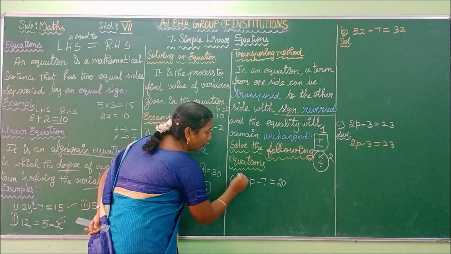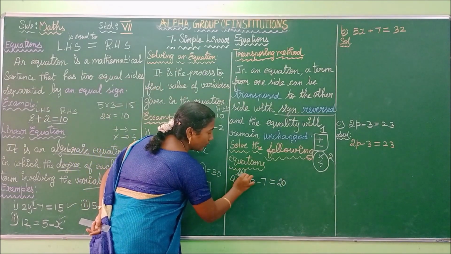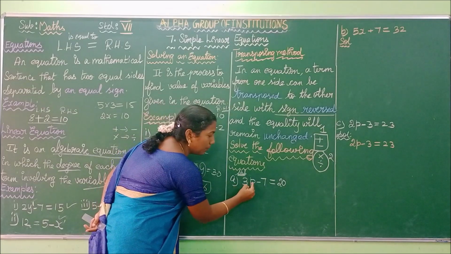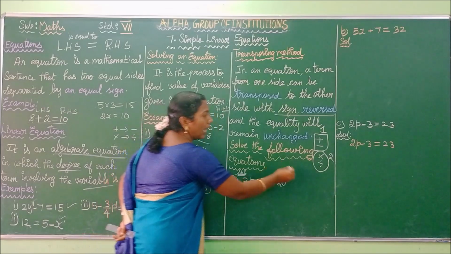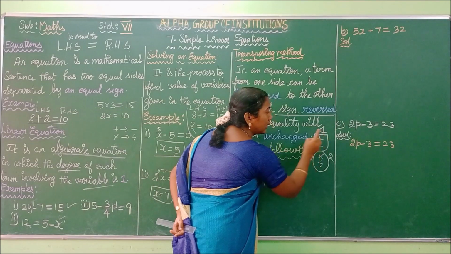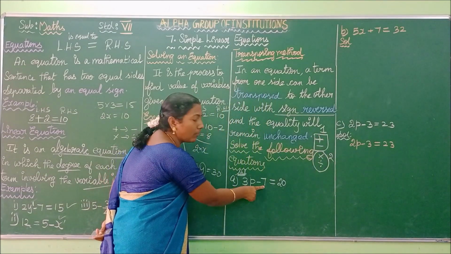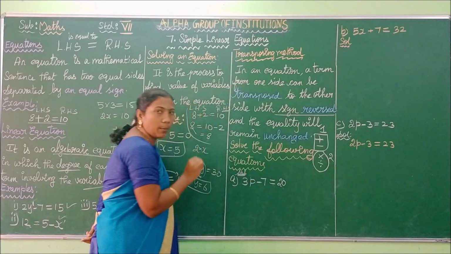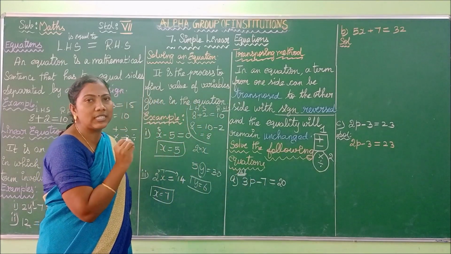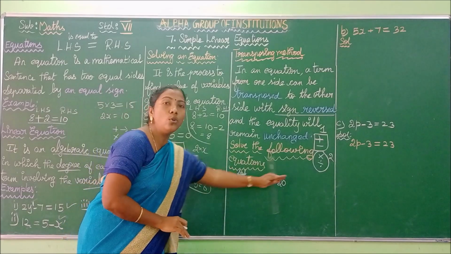In the solution part, you have to write the question once again. 3p minus 7 equal to 20. As I told, first you have to remove the terms which are in addition and subtraction. Here we have the term 7. This is in the process of subtraction. So you have to transpose the 7 from LHS to RHS.